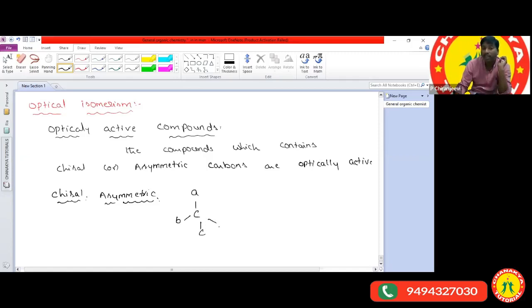A, B, C. This carbon is called a chiral carbon, and we also call it asymmetric. Why asymmetric? If you divide our hand in any direction, is there any possibility of getting two equal halves?